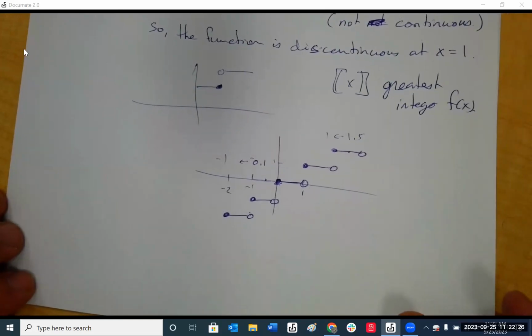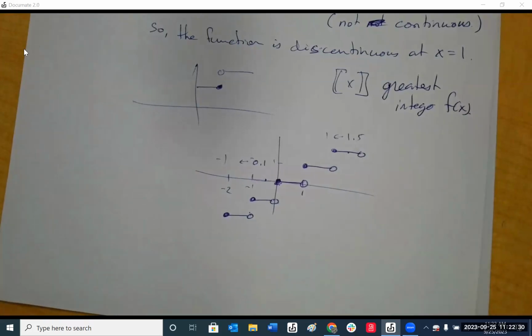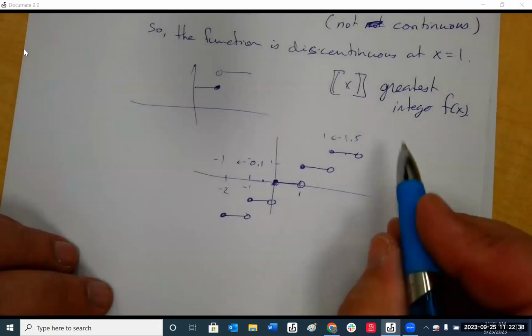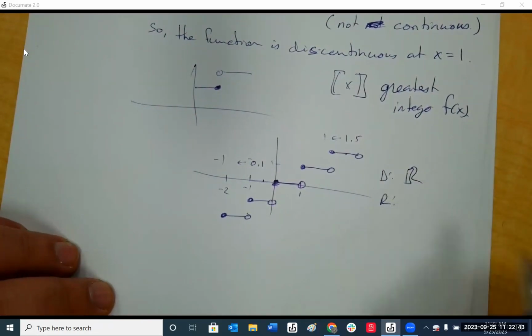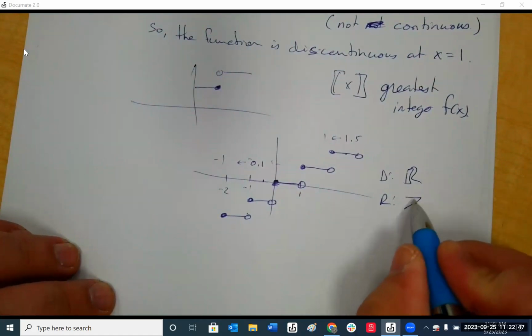What is the greatest integer function used for? Is it used extensively? Not really. It's used when you only want integers as your final answer. You can have any input you want because the domain is all real numbers, but your range is simply the integers.